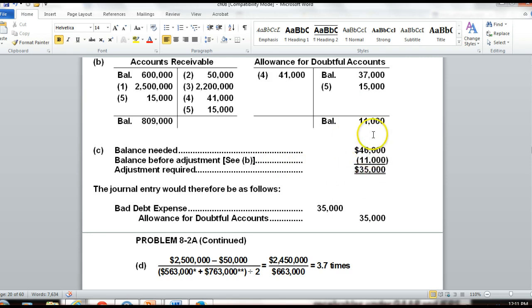So we'll debit our bad debt expense for $35,000, credit our allowance, so that allowance will end up having an ending balance of $46,000.